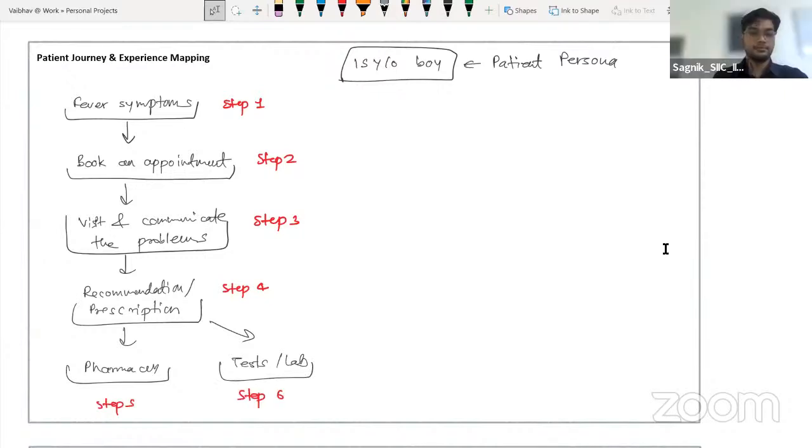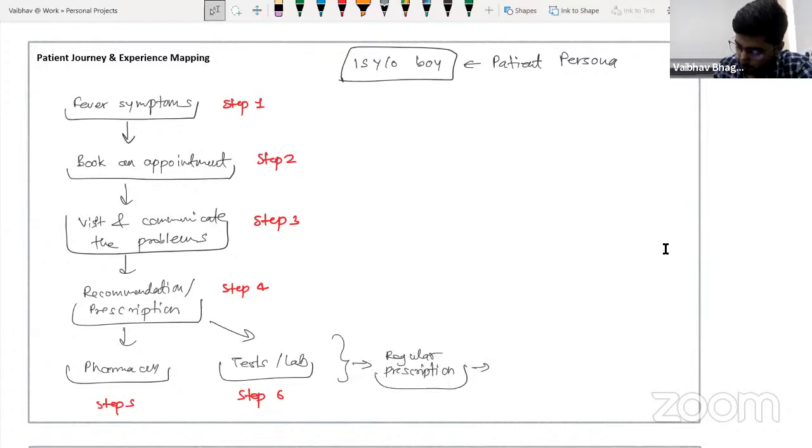Based upon these 2, the patient will start the prescription. He will take it regularly and eventually get cured. And if this does not happen, then he'll go back to this stage. So this cycle will continue.